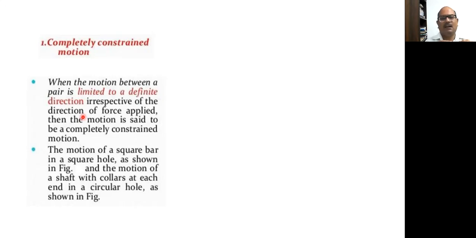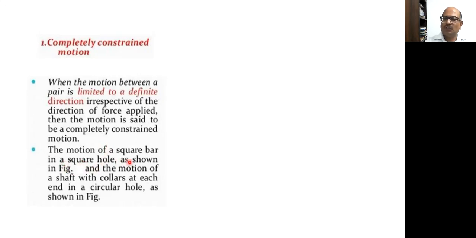Like this pen example I have given you. If I am fitting this cap on this pen, whatsoever the direction of the force, the motion of this cap on the pen will be only in this direction, right?